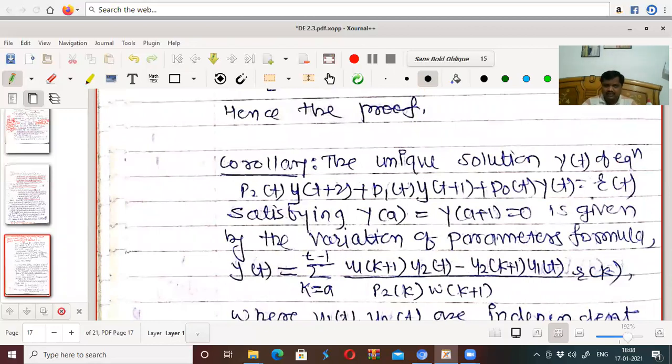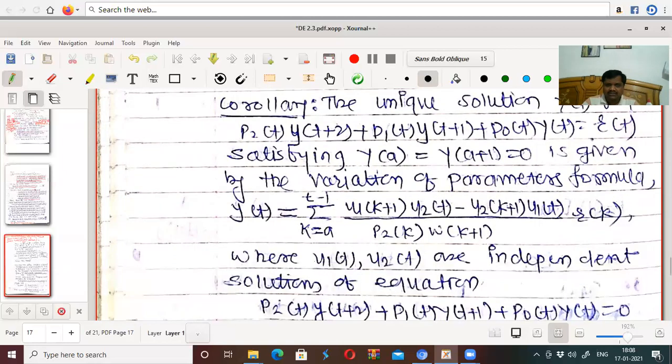The unique solution yt of the equation p2t yt plus 2 plus p1t yt plus 1 plus p0t yt equal to rt, satisfying y at a equal to y at a plus 1 equal to 0, is given by the variation of parameter formula yt is equal to summation from k equal to a to t minus 1 of u1 of k plus 1 u2t minus u2 of k plus 1 u1t upon p2k w of k plus 1, into r of k.